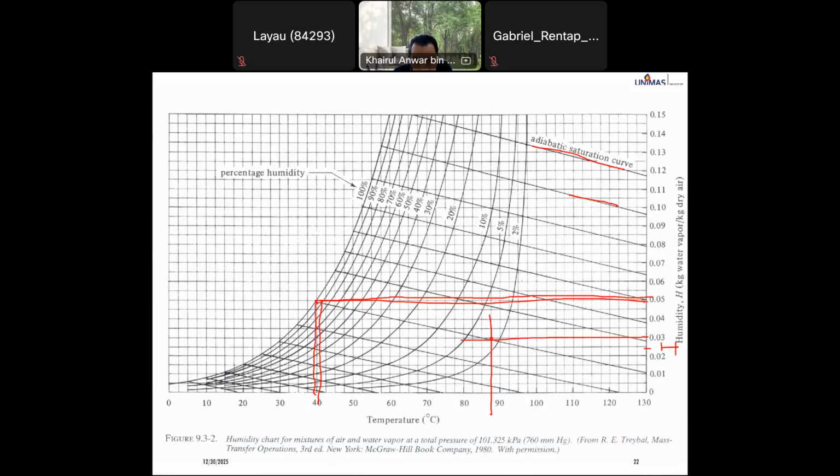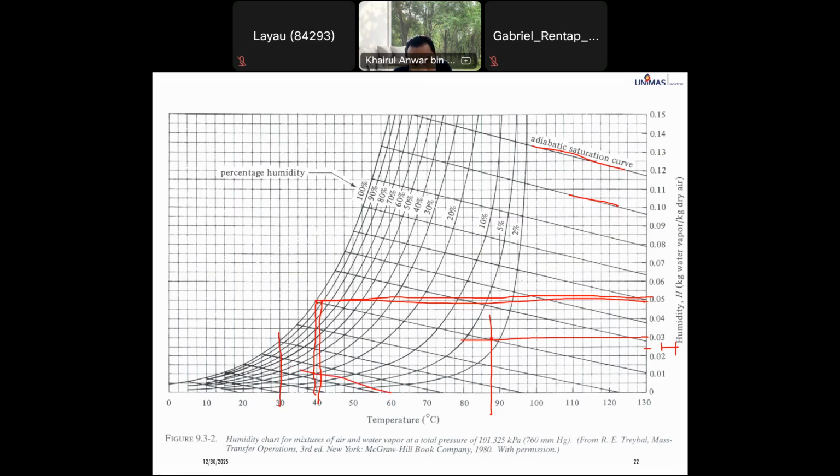So at 60 degrees C, 39.5 is here. Okay, close to 40.